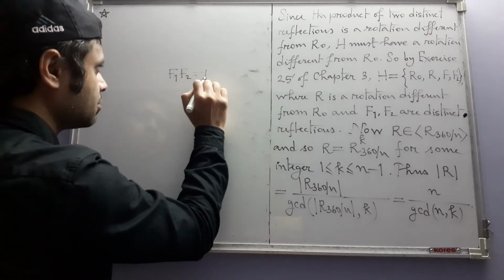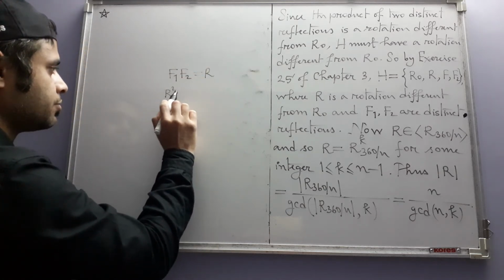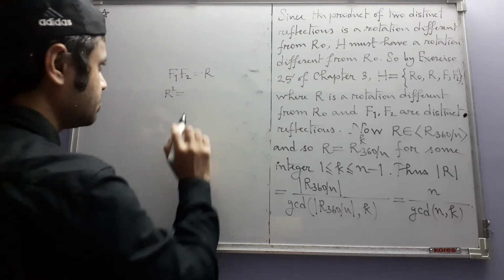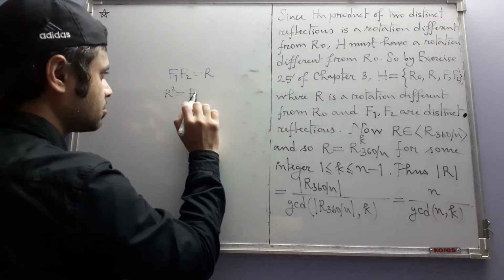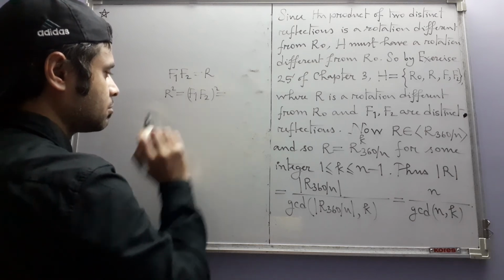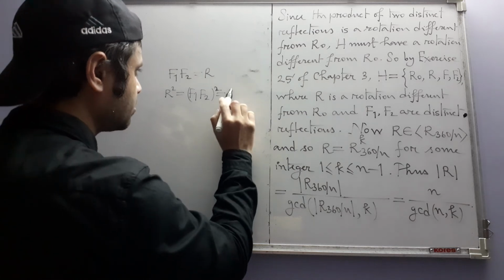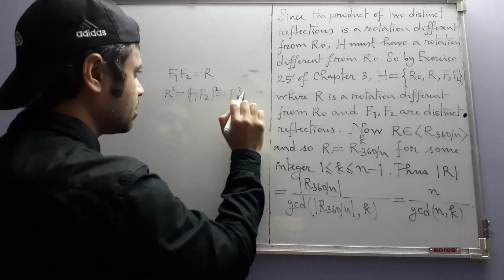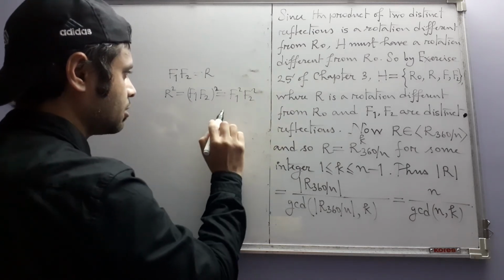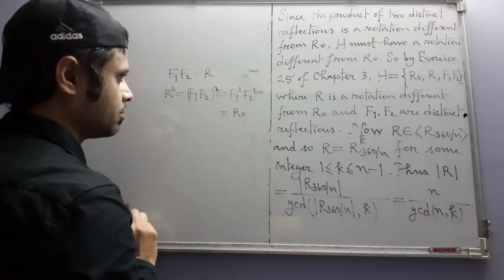So that means this must be equal to R. So if we now calculate R squared, the fact that H is abelian allows us to write F1 squared F2 squared, but these two are identity, so this is equal to R0.